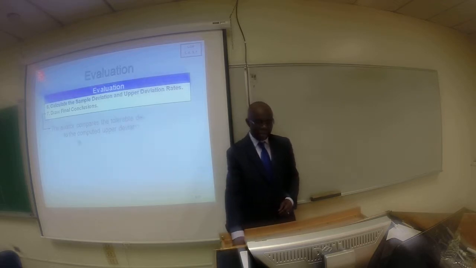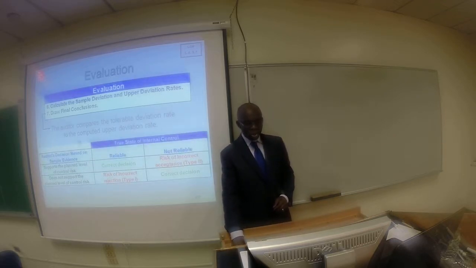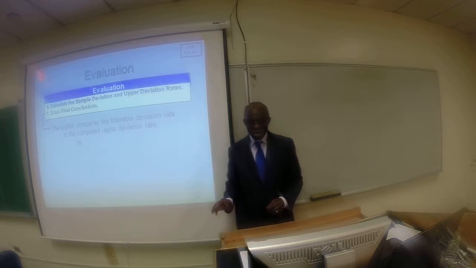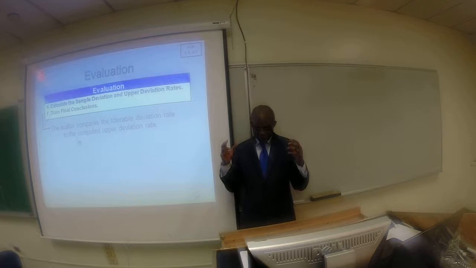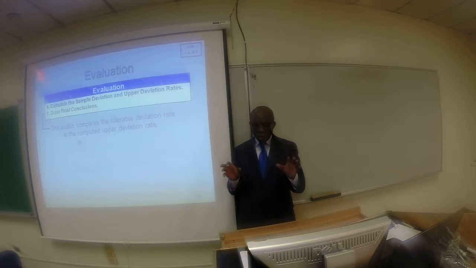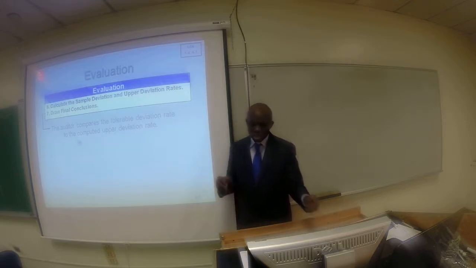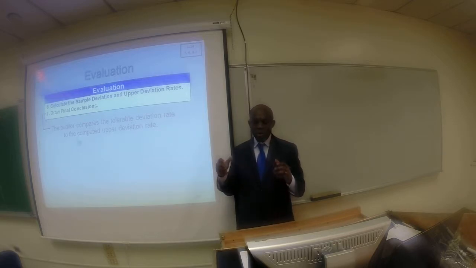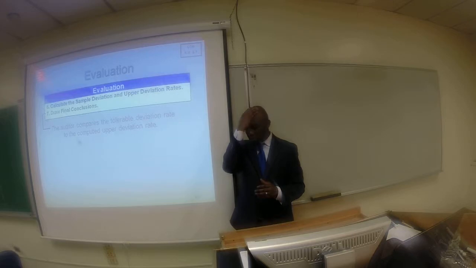Let's take a look at the application of that. When the auditor compares the tolerable deviation rate to the computed upper deviation rate, we said that the upper deviation rate consists of the tolerable deviation rate plus an appropriate allowance for sampling risk.